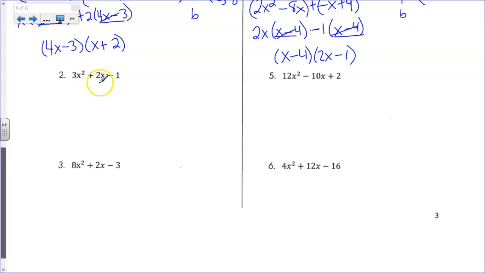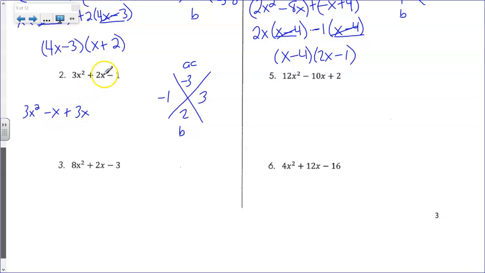So let's look here. There's not a GCF. A times C and B. A times C is negative 3, and this is 2. The factors of 3 are 1 and 3. The 2 is positive, so the higher number controls the sign. Negative 1 plus 3 is 2. Negative 1 times 3 is negative 3. So I'm going to bring down 3x squared, and then minus x plus 3x.